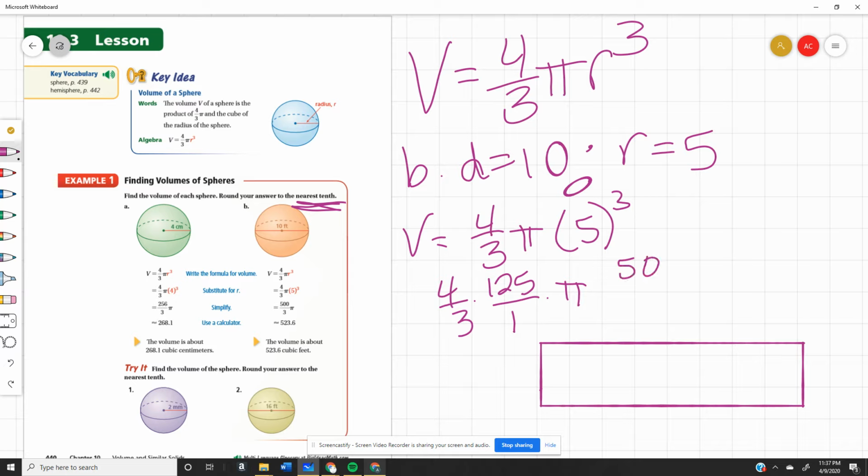So 500 over 3 pi. And again, I'm going to use a calculator. I'm going to enter parentheses 500 divided by 3 times pi. Hold on, I entered something wrong. 500 divided by 3 times pi. And that gives me approximately 523.6. Here we are dealing with feet cubed.